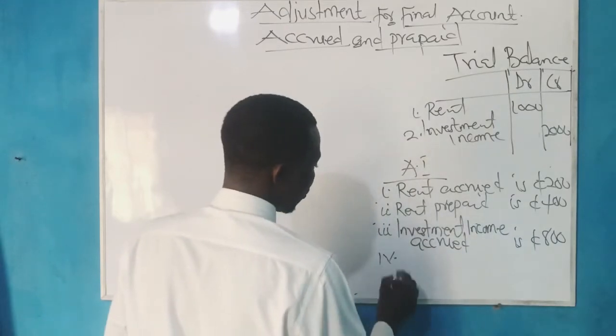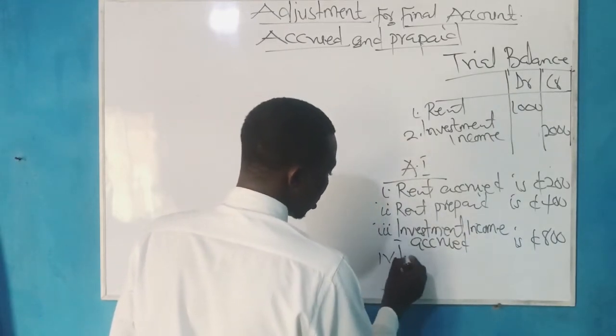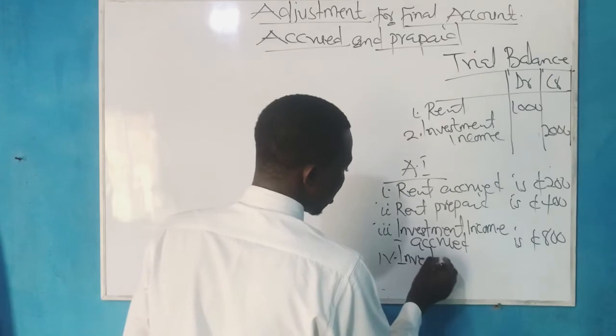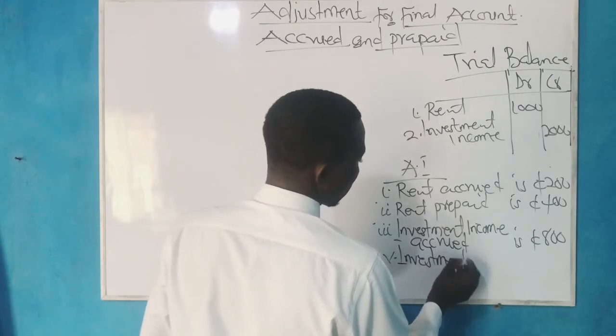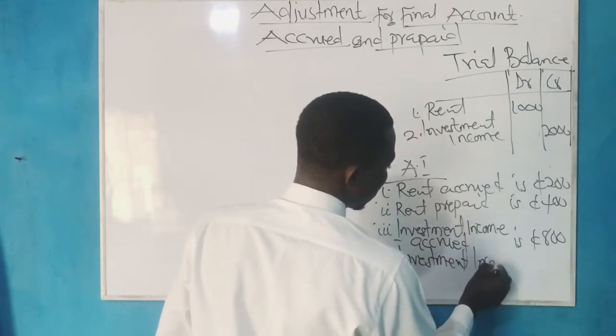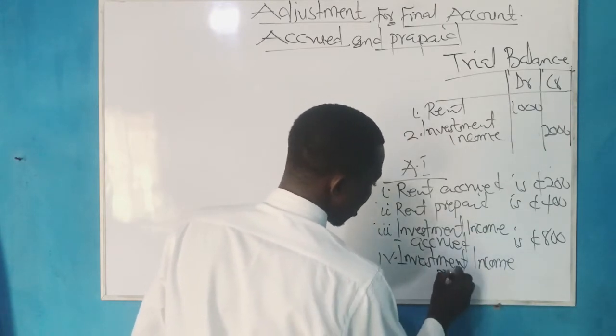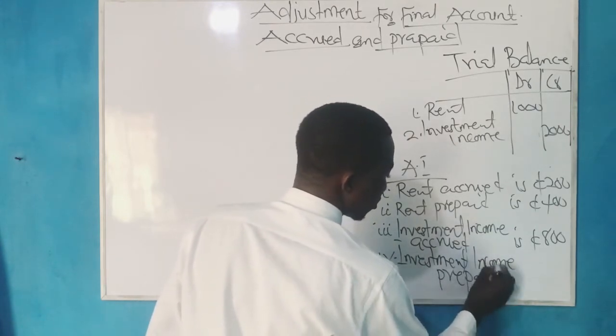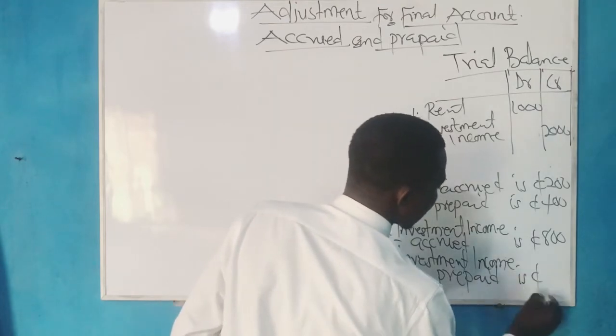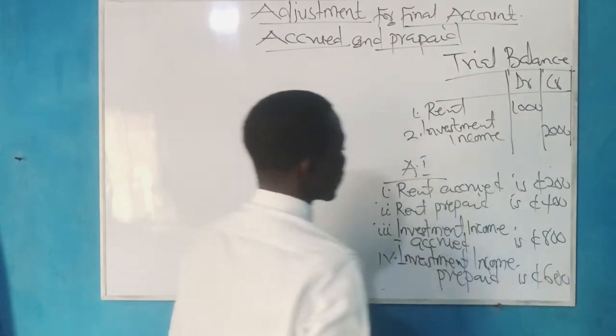And even you may have income prepaid, also let's say 600 cedis.